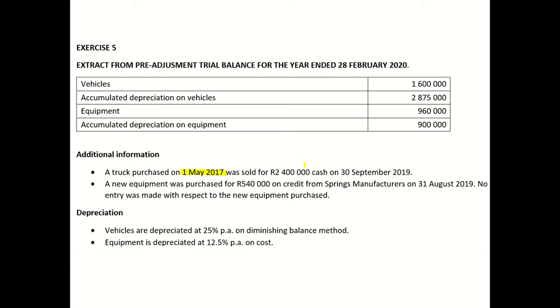The fact that it was purchased 2 months into the 2018 financial year means that in 2018 we actually used this asset for 10 months. I will count for you because you guys seem not to be able to count. It is May. I'm including May because it was purchased on the 1st of May.